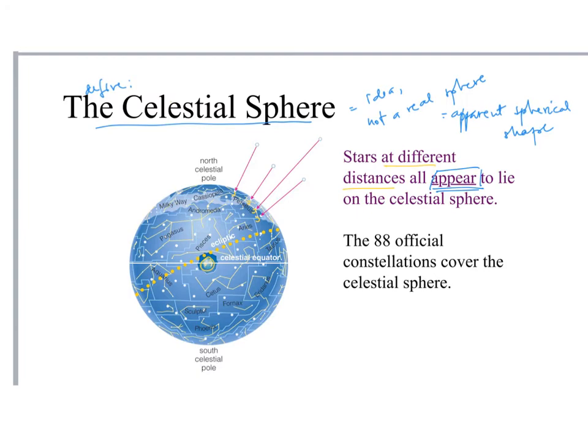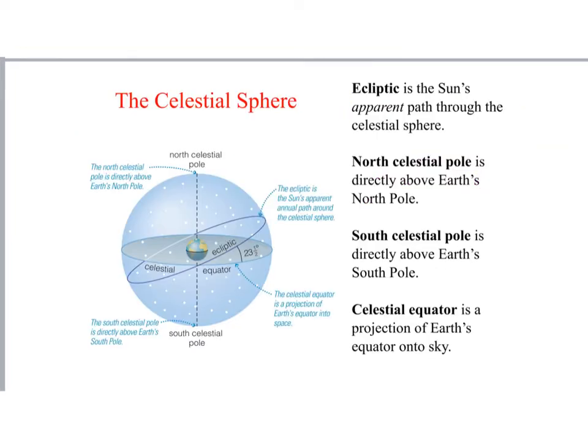A few words now about the celestial sphere and some of the elements that are going to be very useful to refer to, which define this celestial sphere. We're going to start with the north celestial pole.